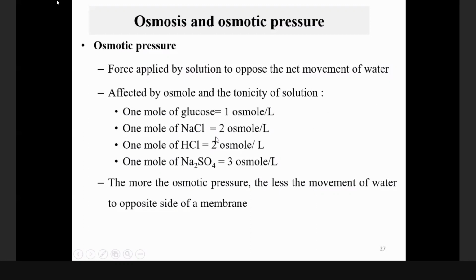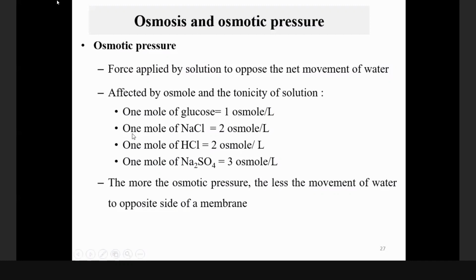Like 1 mole of glucose has 1 osmol per liter, and 1 mole of sodium chloride has 2 osmol. Why? Because the sodium chloride can be dissociated into sodium and chloride ion. So 2 osmol. 1 mole of hydrochloric acid, 4 osmol. And 1 mole of sodium sulfate, 3 osmol, because it can be dissociated into 2 sodium ions and one sulfate ion, 3 osmol.